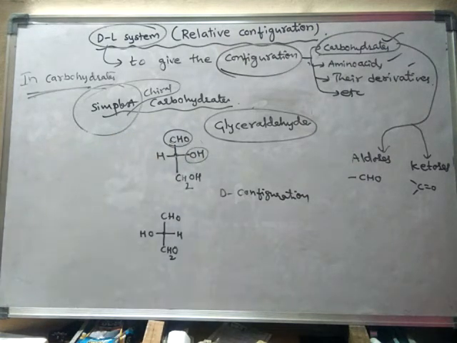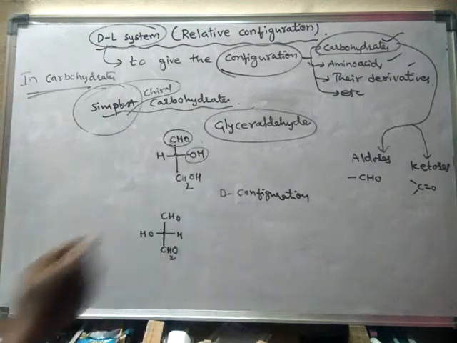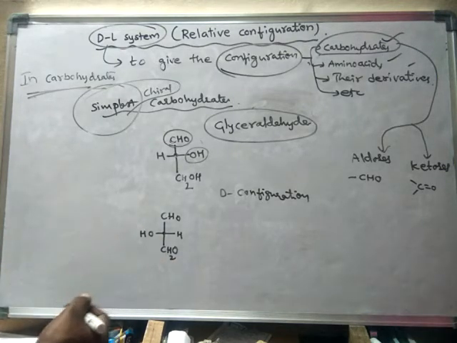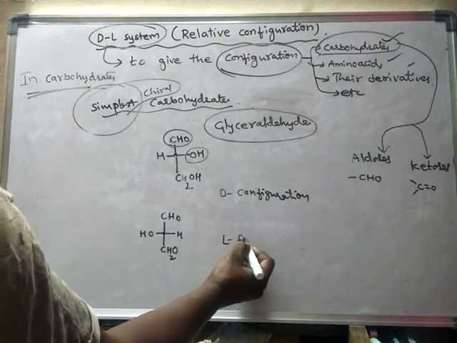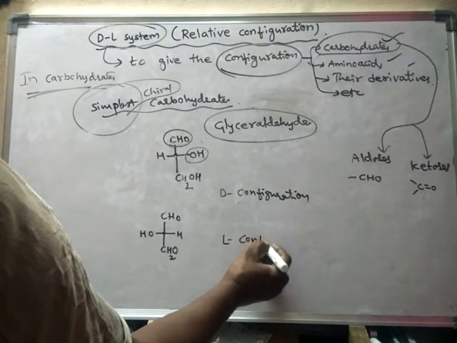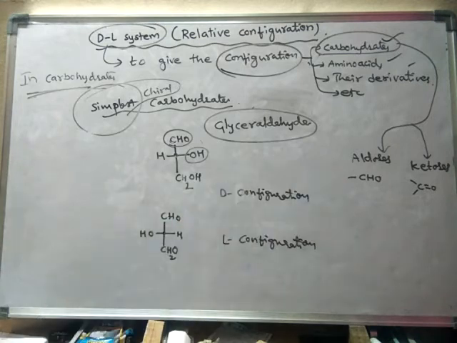If the OH group is present towards the right side, then it is said to be D form. If it is towards the left side, then it is said to be L form, L configuration.